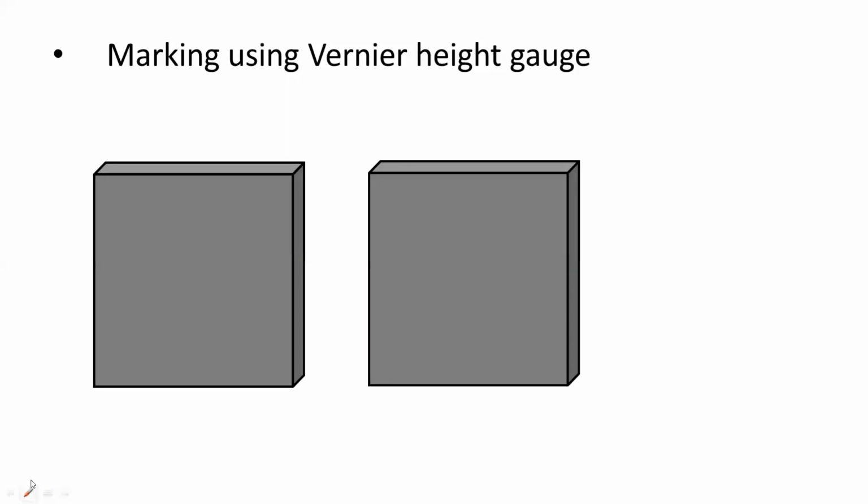This marking is to be done with the help of the vernier height gauge. I will show the outline for the marking. Initially you will draw one horizontal line, then a second and third. Our aim is to make the job for a VPT.